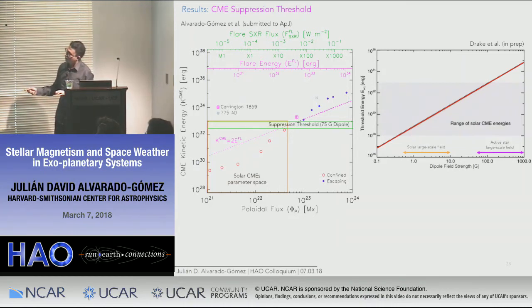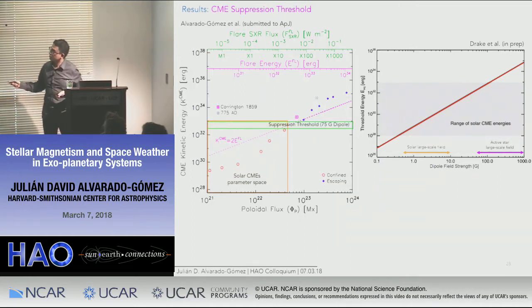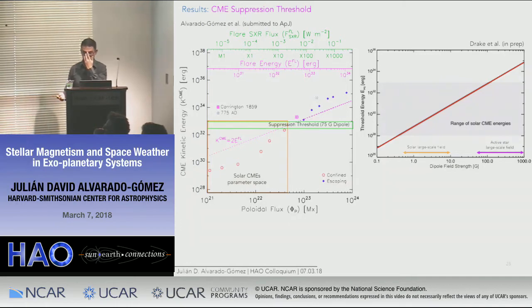Here is the range of large-scale fields that we have for an active star. These two works have been done in completely separate ways, but we are reaching the same conclusion. For a 75 Gauss dipole, you will only be able to escape in this regime above here. The kinetic energy of the CME is on the order of 10 to the 33 ergs, something like that.